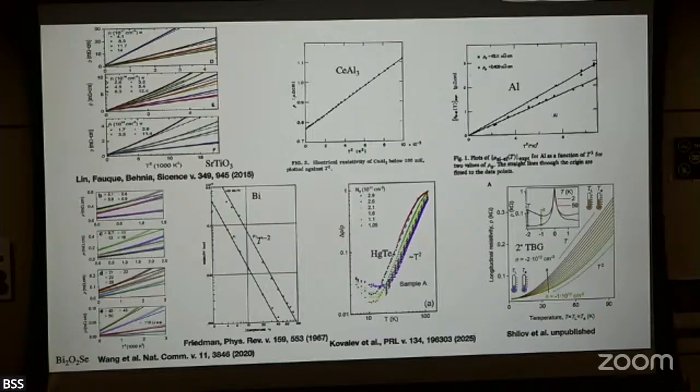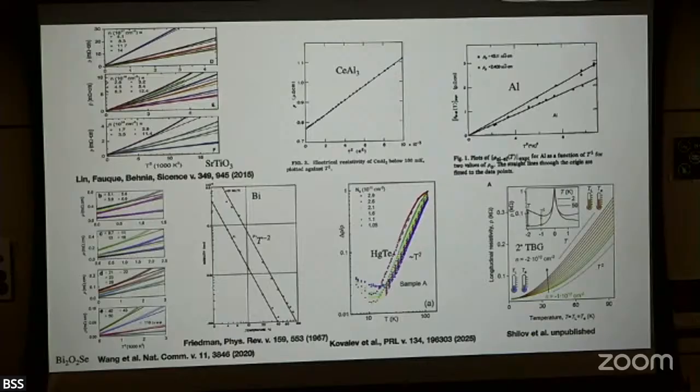Okay, this is another story, which is, as you see from the plot, a very old plot. This is bismuth. And what is plotted here are mobilities separately for electrons and holes, because bismuth is a canonical example of a compensated semimetal, which is a metal with electron pockets and hole pockets, such that the number of electrons is strictly equal to the number of holes.